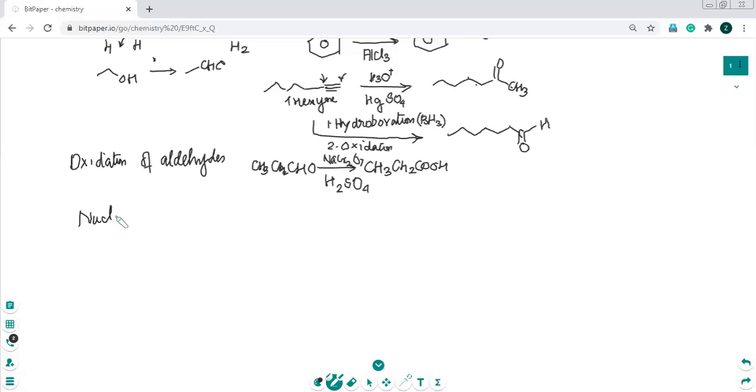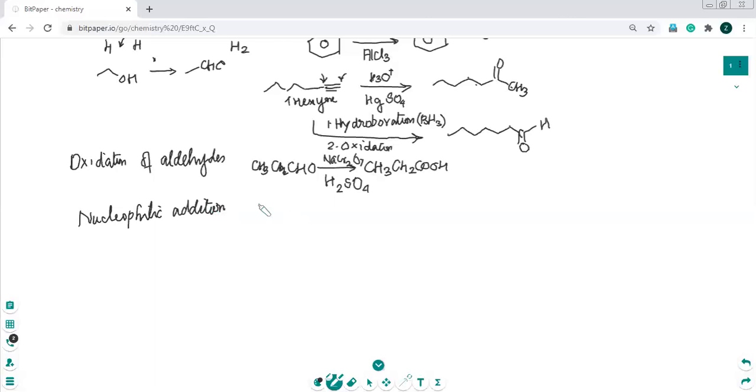Nucleophilic addition reaction. Now, what is meant by addition reaction? We know what is addition reaction: a double bond is converted into a single bonded compound.